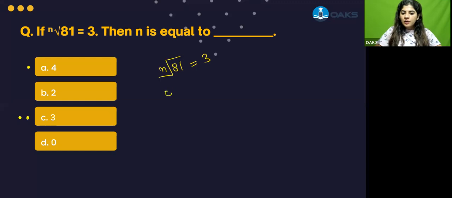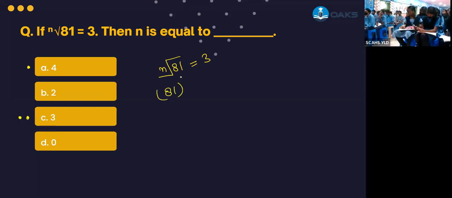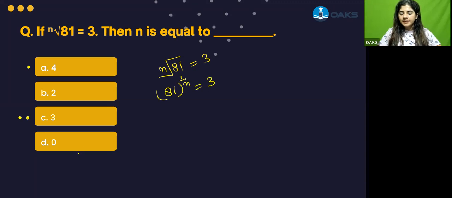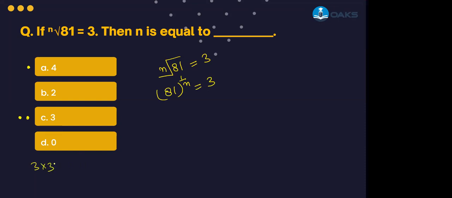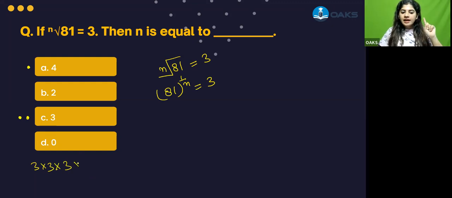Now, 81 raised to power 1 by n. Is this correct? Now, you know the table of 3. 3 into 3 is 9. One more 3, it is 27. One more 3, that is 81.